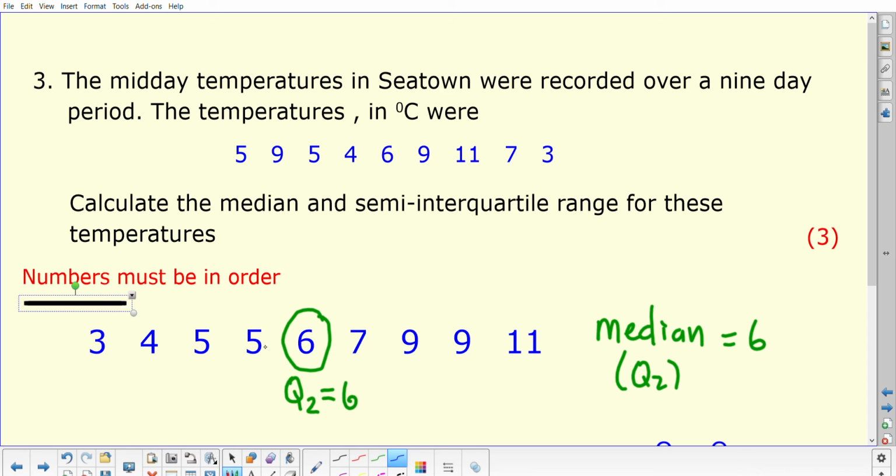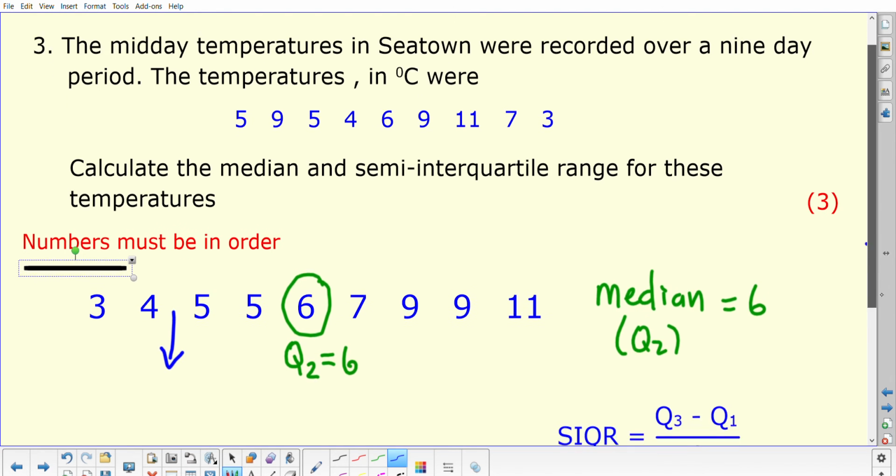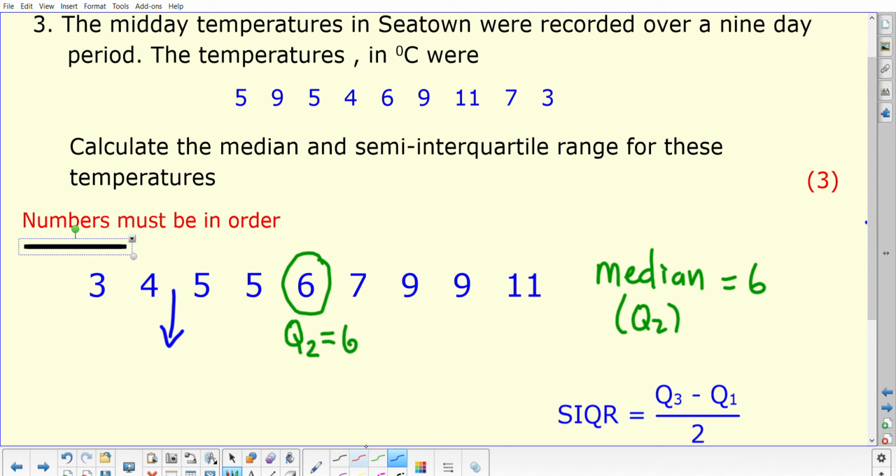Clearly you've only got 4 numbers on this side, so there's no middle. So your middle would be in between the 4 and 5. So we would write down that our Q1 value would be 4.5. On this side, you've got your 4 numbers again, so your middle here would be your Q3 value.